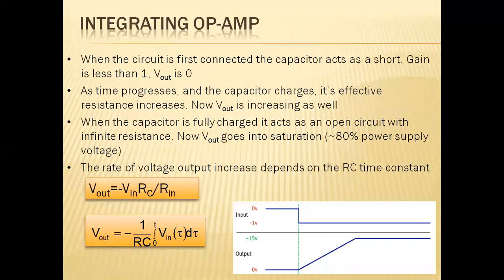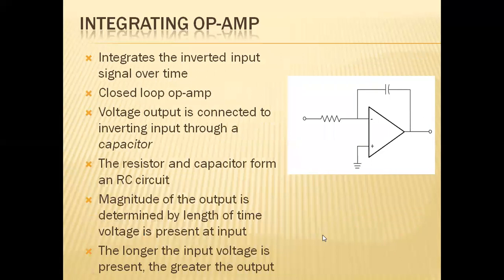When the circuit is first connected, the capacitor acts as a short, the gain is less than unity, and the output will be 0. Initially, when the capacitor is connected with the input resistance, it leads to the formation of an RC circuit, and the operational amplifier doesn't amplify, corresponding to zero output.